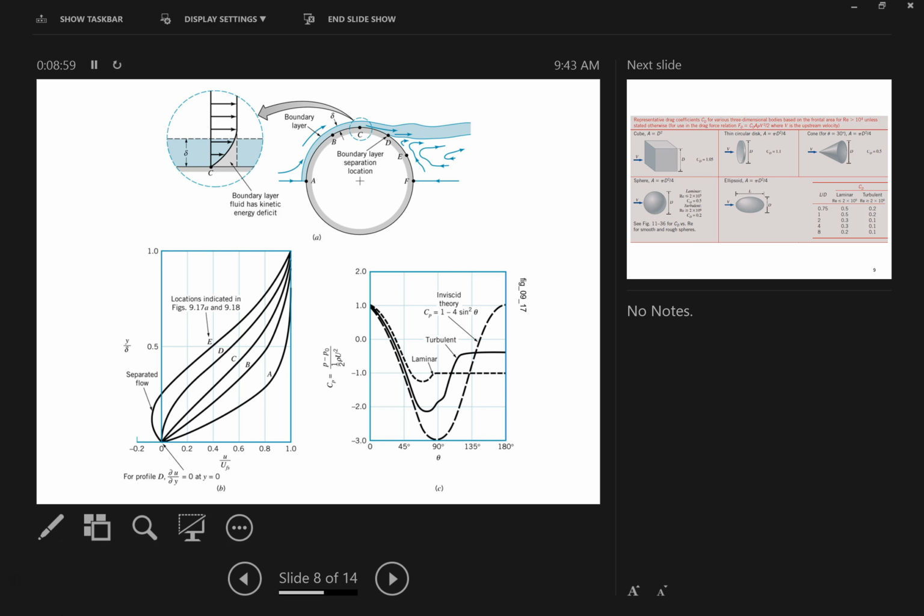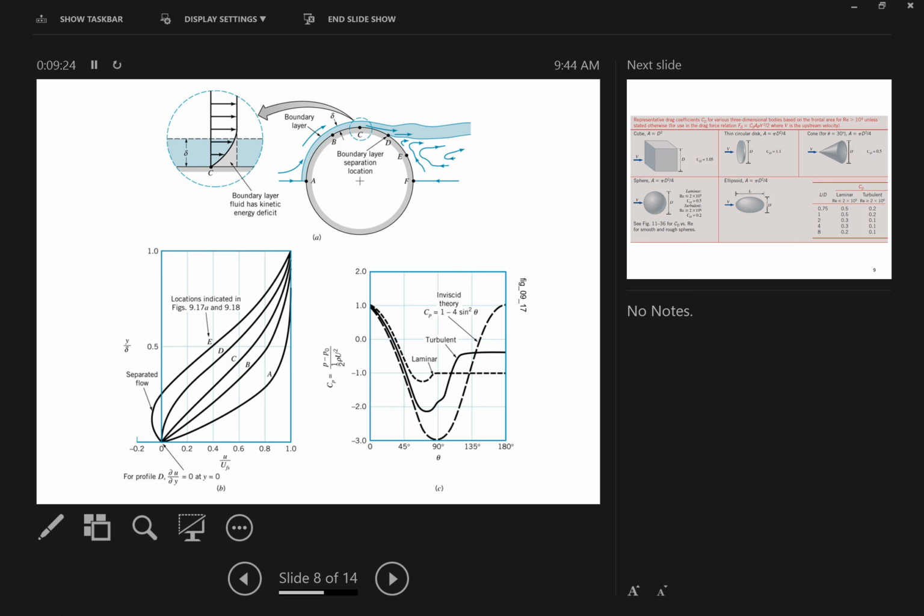Some of that flow can't, and it becomes detached. It depends on the type of flow, whether it's laminar or turbulent. In this case, this dotted line here is an ideal case where there's no drag at all. The flow comes right back to where it should actually start.